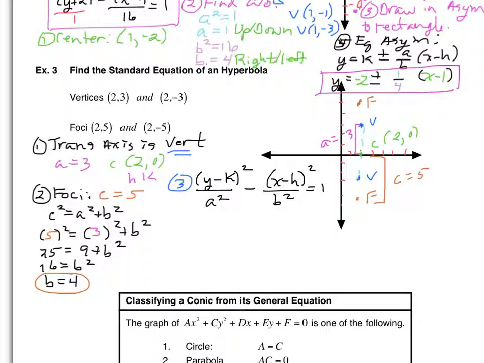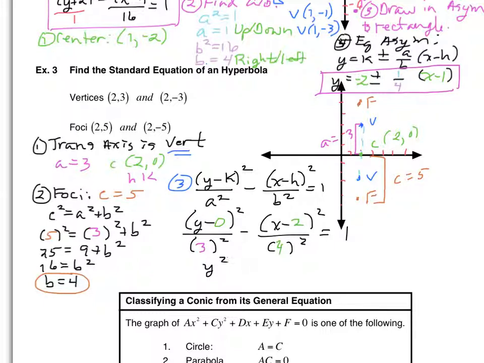So we're going to use that as our template and then just plug in what we know. And then from our center, we get 2 is our x value, 0 is our y value, A is 3, and our B is 4. And so our final equation, you have to take care of the 0, is y squared over 9 minus x minus 2 squared over 16 equals 1.